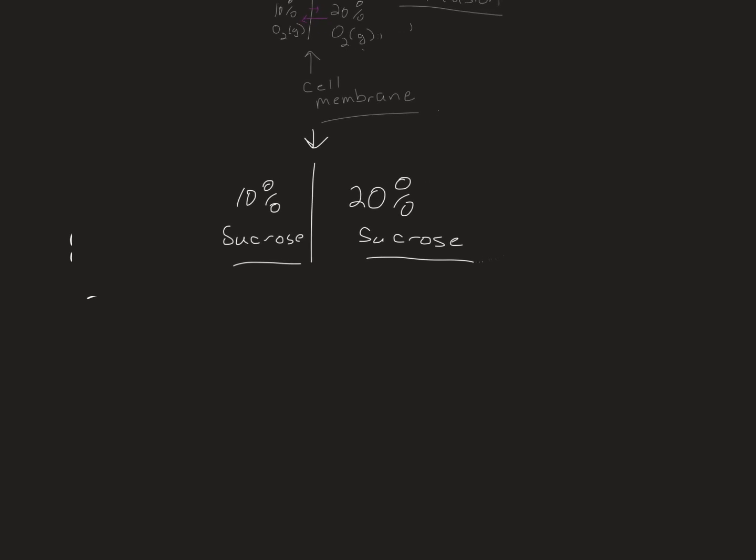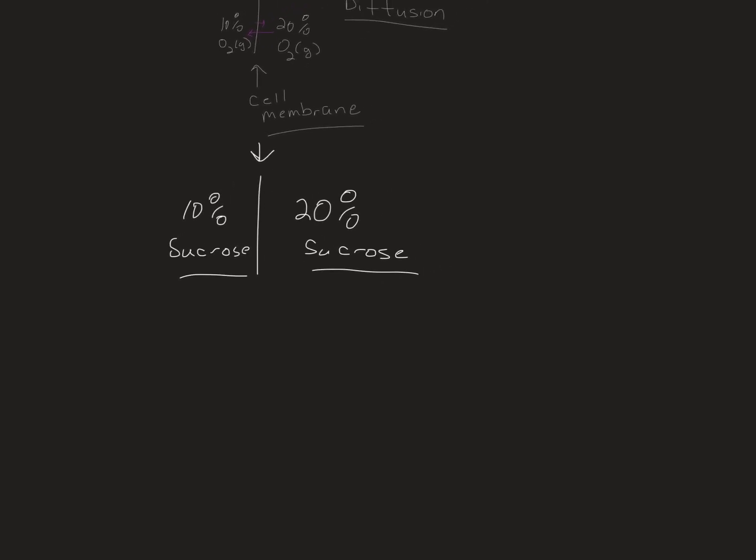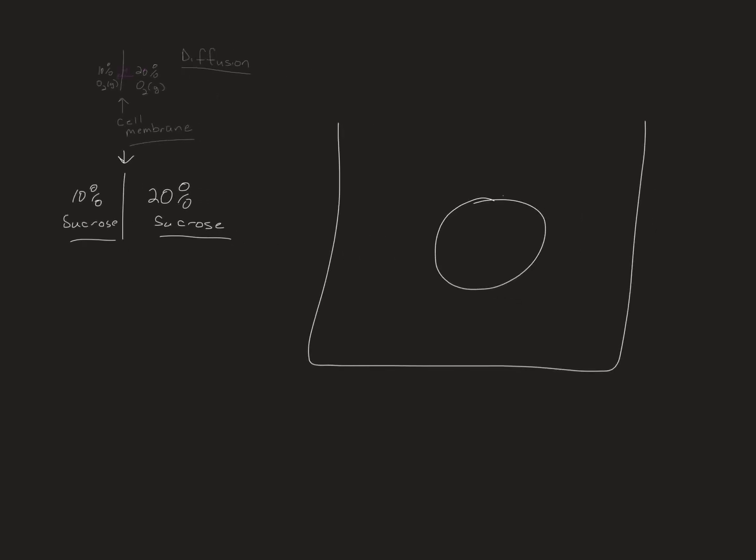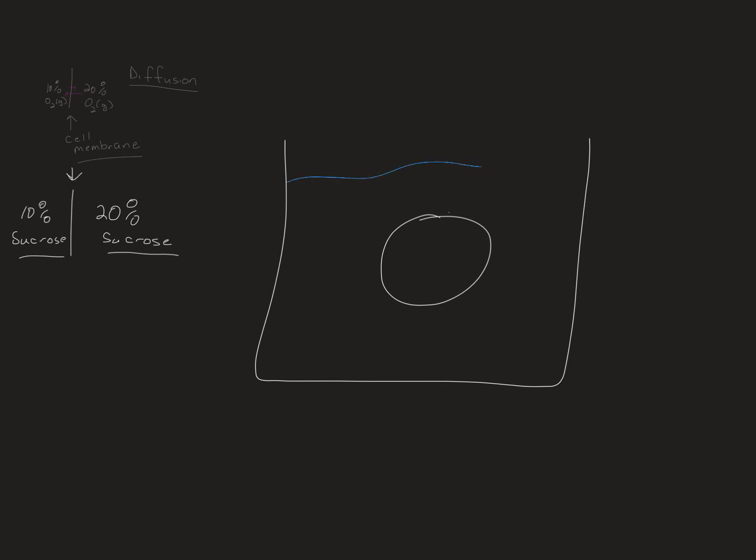So sucrose, when you have a cell membrane that's not permeable to it, let's go ahead and draw this out. Again, I keep warning you, you guys should draw these things out so that you can visualize it. So if you have on one side 20% sucrose, and on the other side it's 5% sucrose.